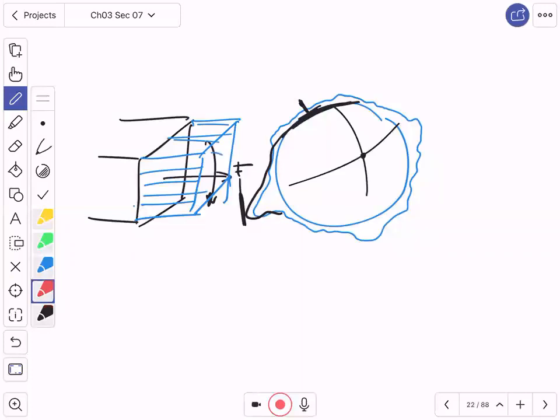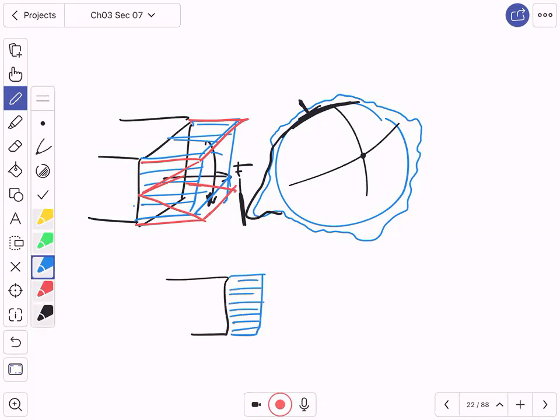But bending is going to cause a linear distribution, which, if you remember, is like this. If I look at the cross-section from the side, it is easier. A normal stress is causing a stress like this, and the bending stress is causing a stress like this.